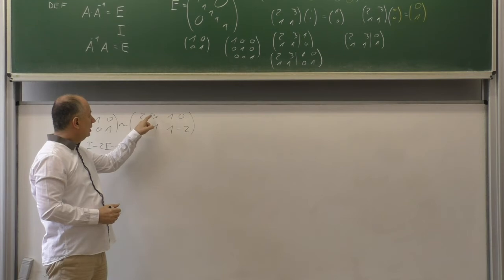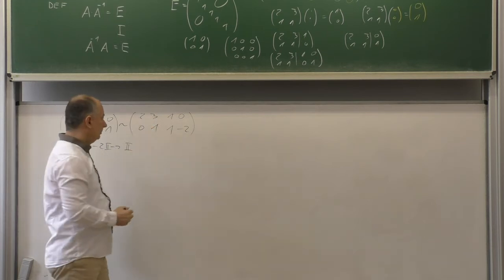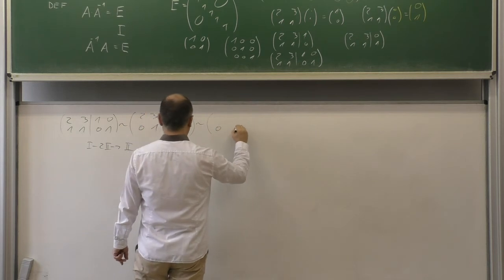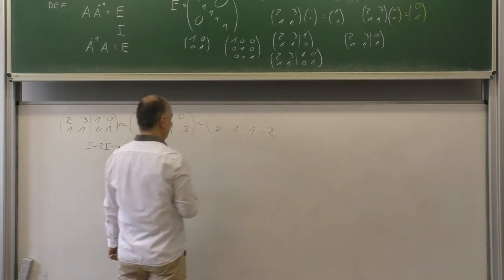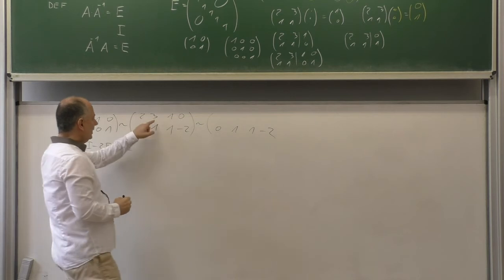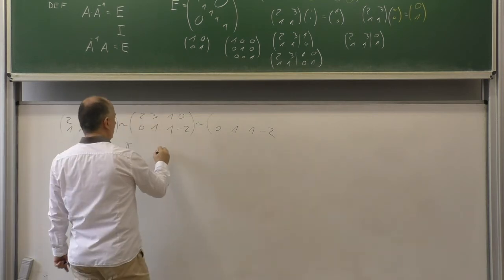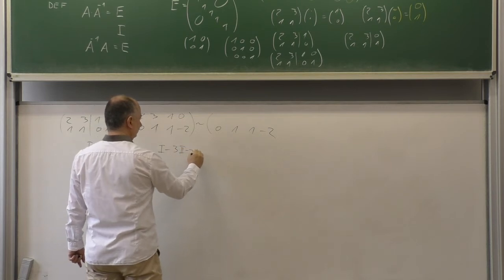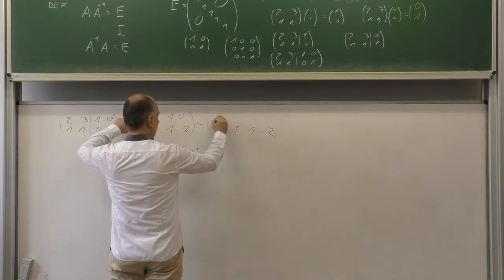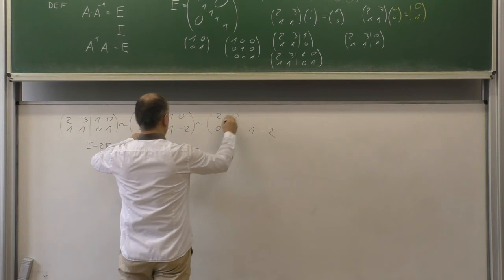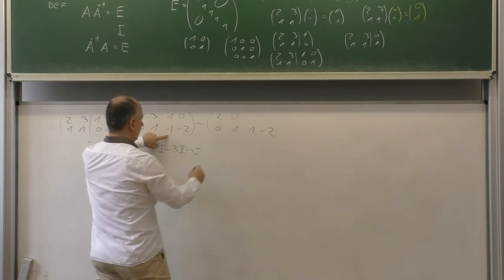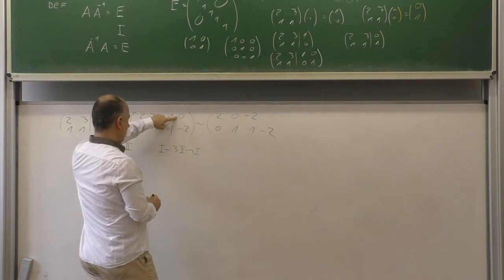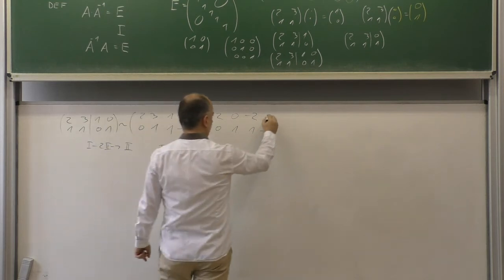And now we want to have 0 instead of 3. That means we copy the second row, 0, 1, 1, minus 2. And to get rid of this 3, we take the first row and we subtract 3 times the second. So 2 remains 2, 3 minus 3 is 0, 1 minus 3 is minus 2, and 0 plus 6 is 6.